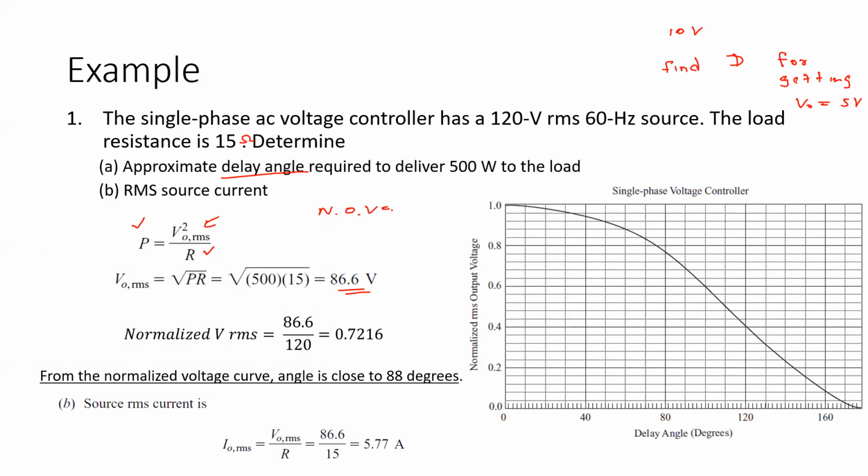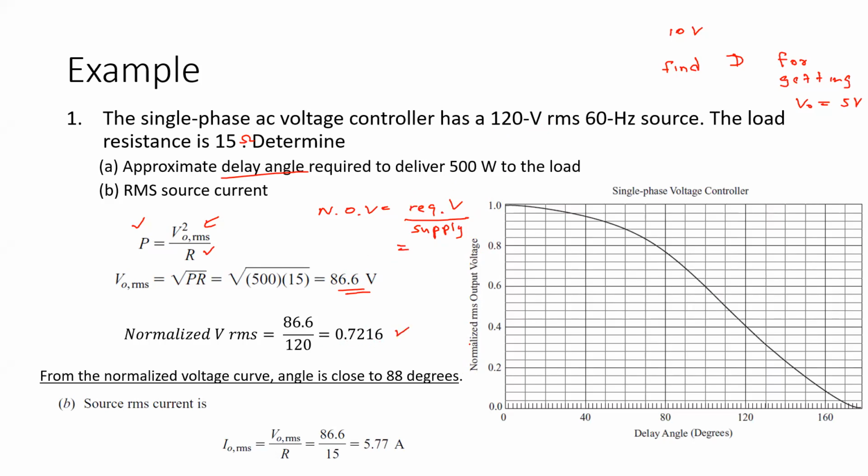The normalized output voltage is given by the required output voltage and your supply, something like converting it to per unit. Our supply is 120 volts RMS, and we are required to create 86.6 volts. So our normalized output voltage will be something like 0.7216.